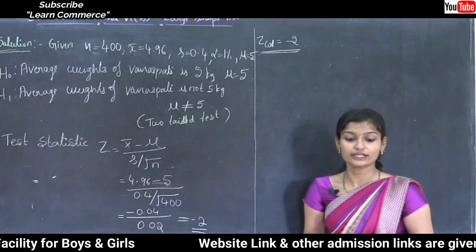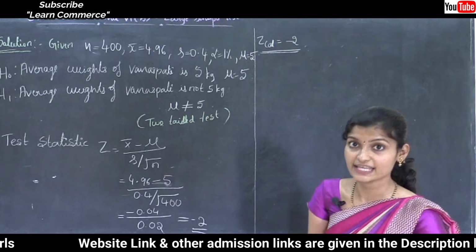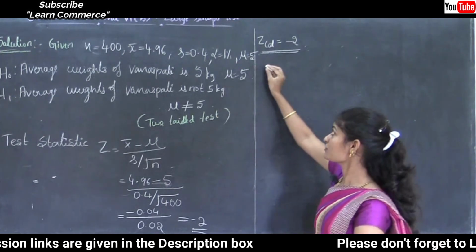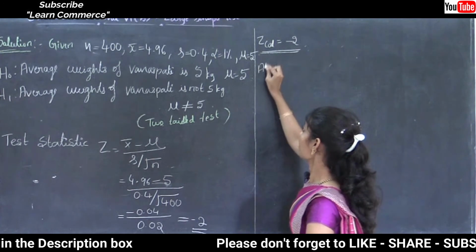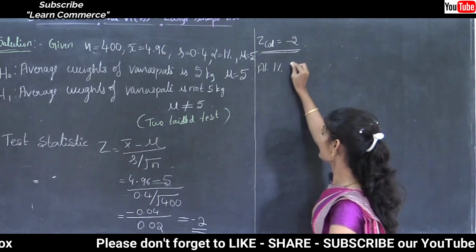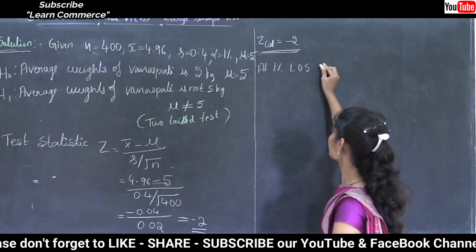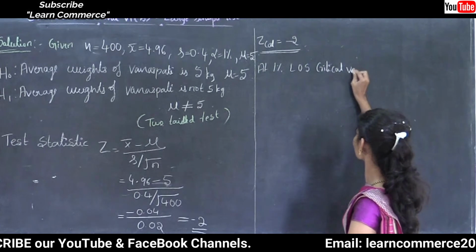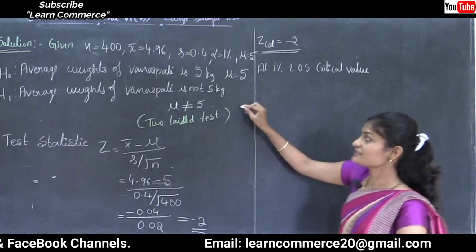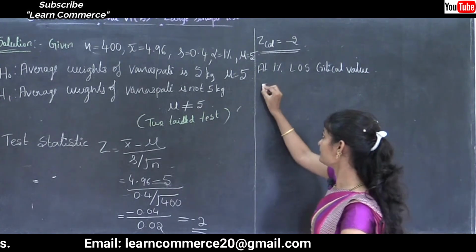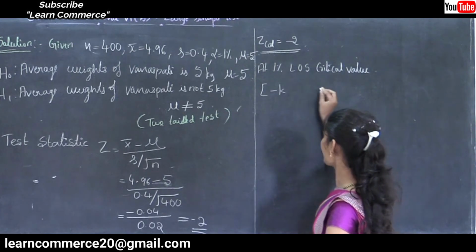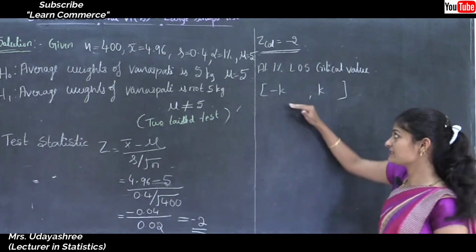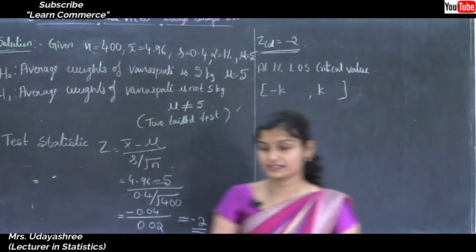Next we need to find the table value. See here the alpha is 1% level of significance. So that we write at 1% level of significance, critical value is... this is two-tailed test. So here we need to calculate minus k value and plus k value. How to calculate this critical value? Using statistical table.